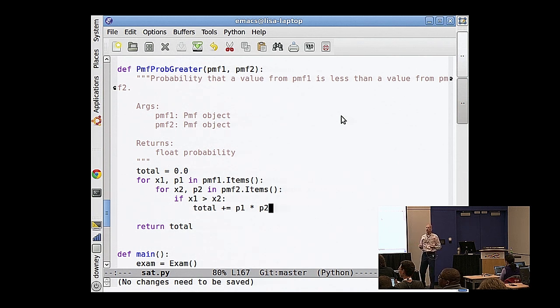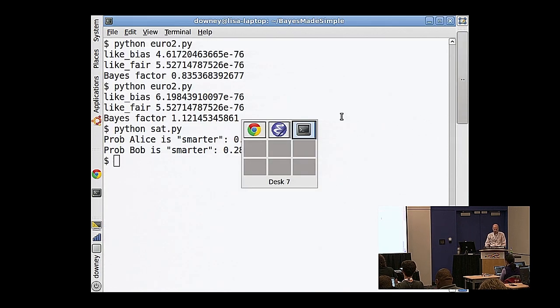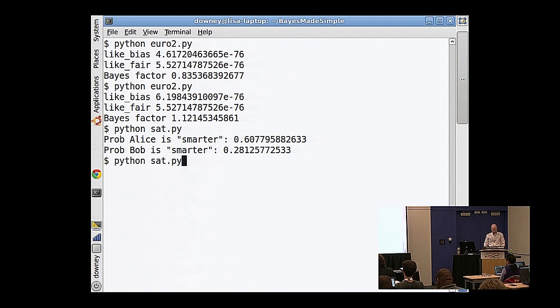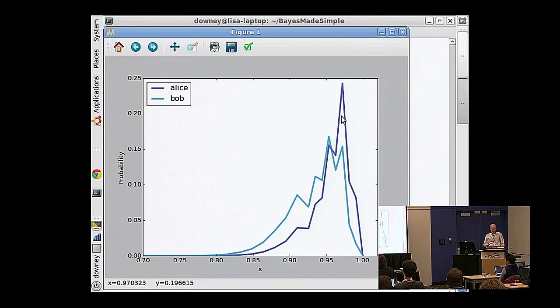Yes, sir? Right. Yes, I'll try to repeat some of what you just said, which is that for the low values, Bob is more likely to have a low value than Alice is.